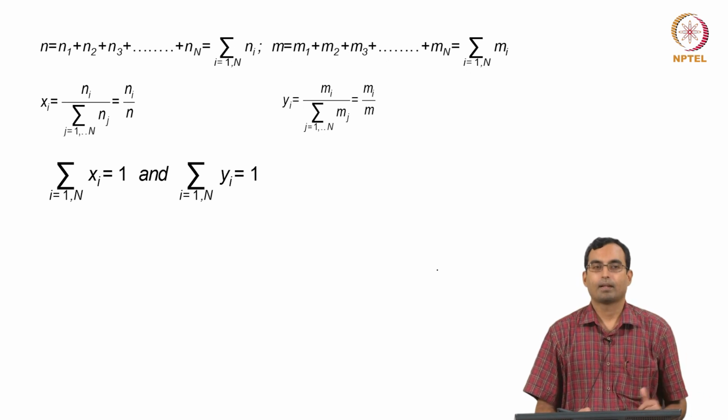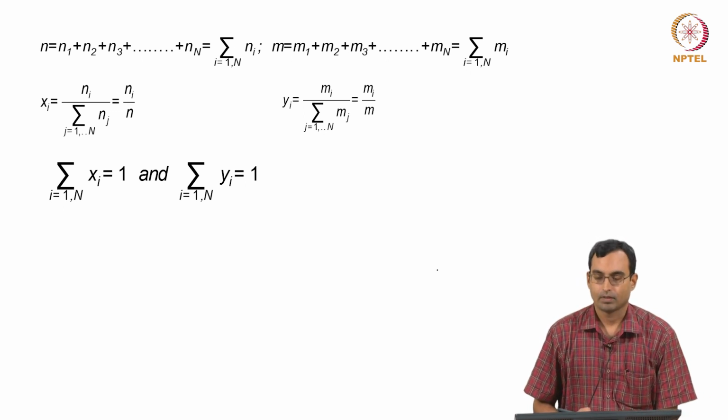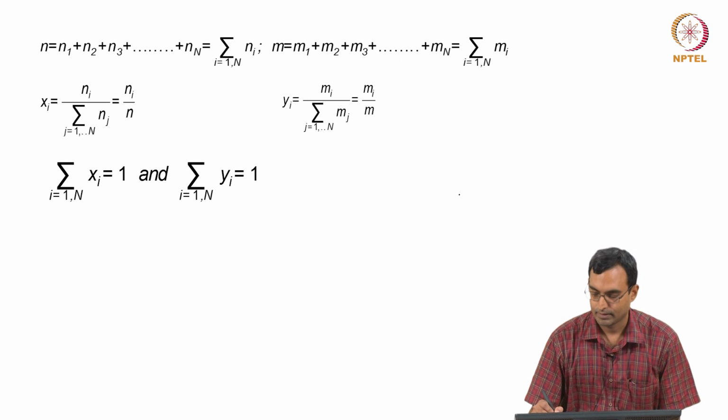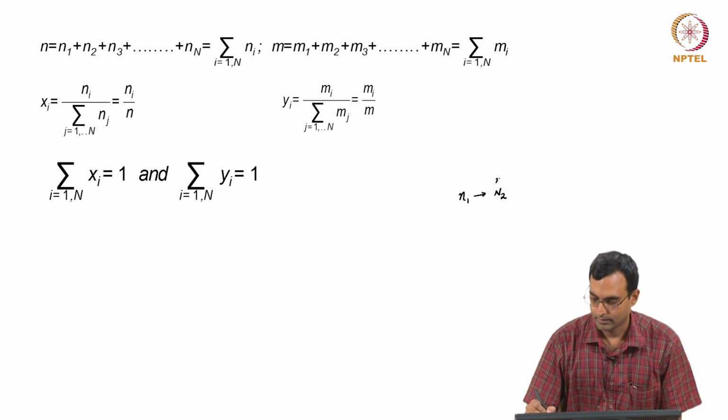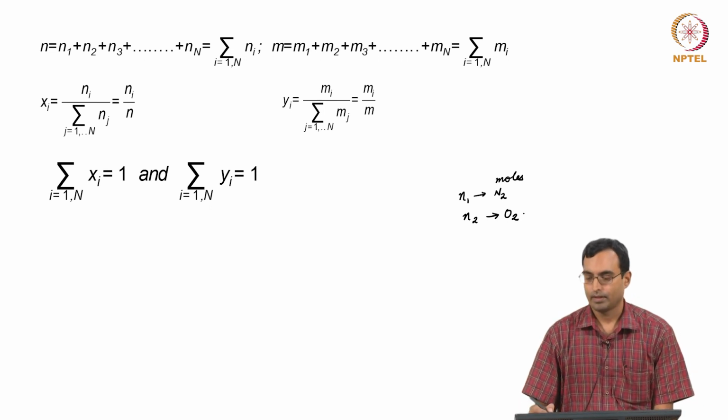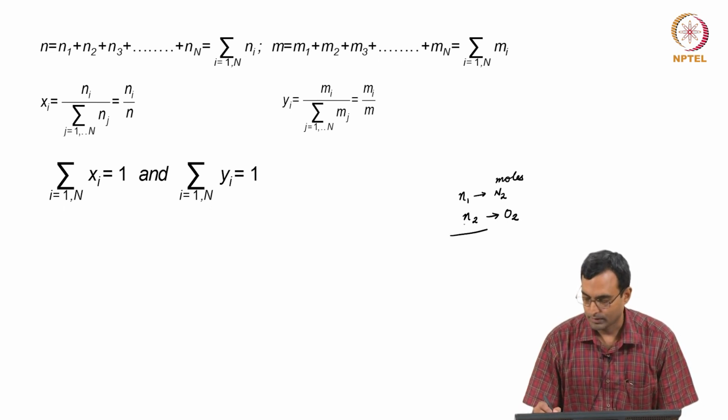We can also look at the number of moles of each of them. For example, if n1 represents the number of moles of nitrogen and n2 represents the number of moles of oxygen, then the total number of moles we can just call n.